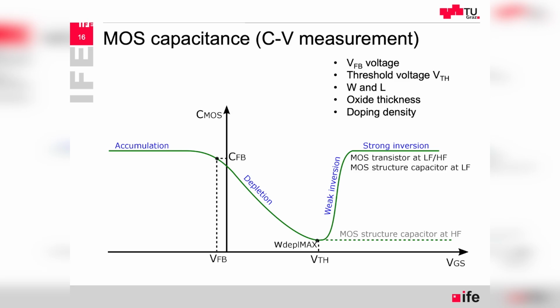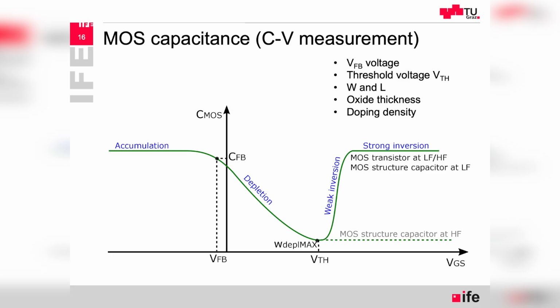And the thing is that it's not exactly the same for this MOS capacitor structure and MOSFET with drain and source doping regions. So first, in the accumulation, we have the highest possible capacitance because it's just gate oxide capacitance.